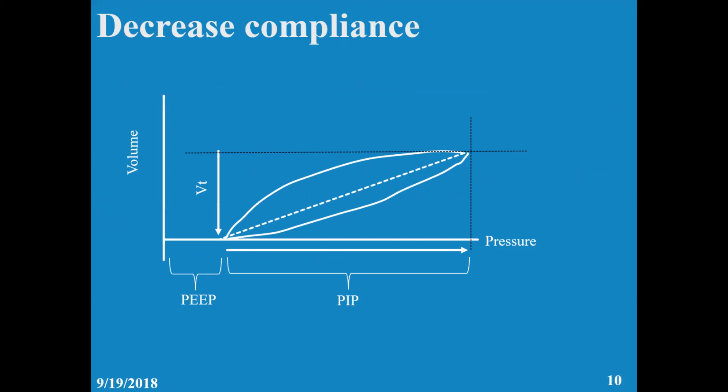Now, we will look at decreased compliance. So you can see more pressure, more pressure, more pressure, but we're not achieving volume. The slope is down, and that's what we have for compliance because the slope is down.